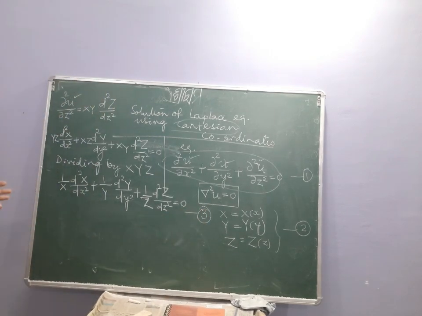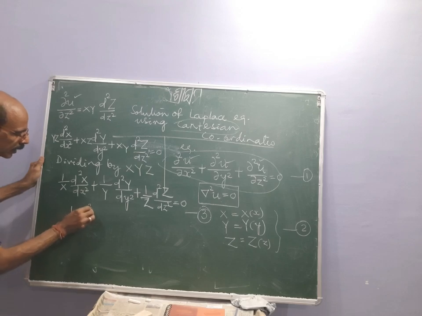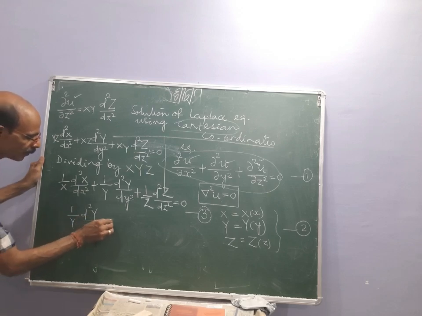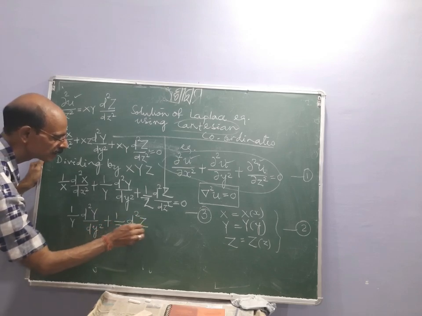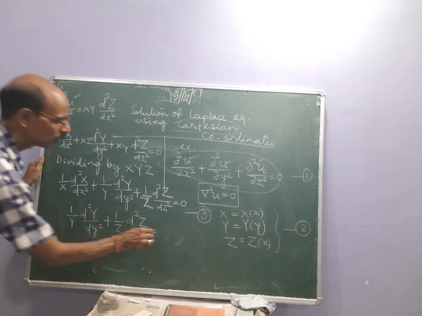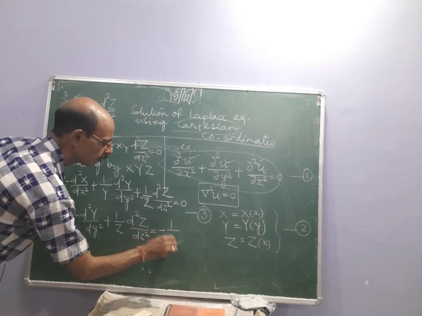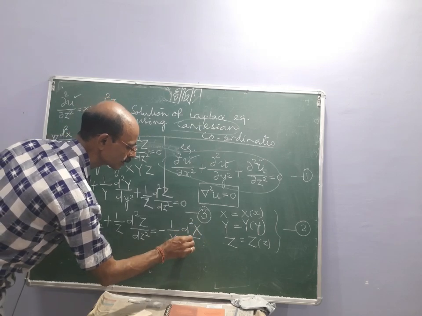Now this equation 3 can be written as 1 by Y d square Y by dy square plus 1 by Z d square Z by dz square is equal to minus 1 by X d square X by dx square.